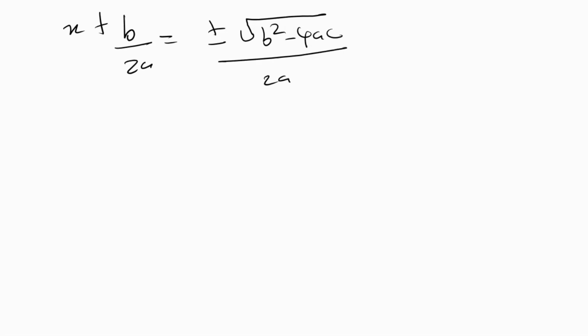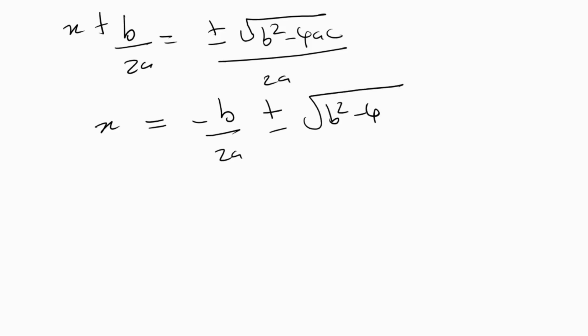We make x the subject here, so this becomes negative b over 2a plus or minus the square root of b squared minus 4ac over 2a, which means, with 2a as the common denominator, x equals negative b plus or minus the square root of b squared minus 4ac, all over 2a.